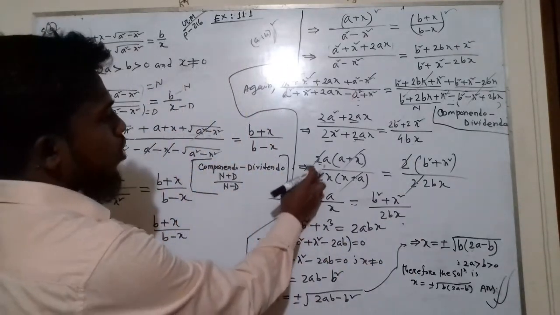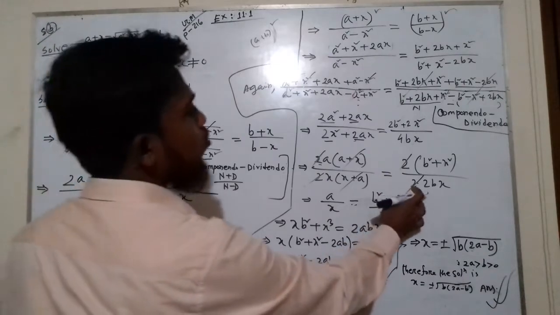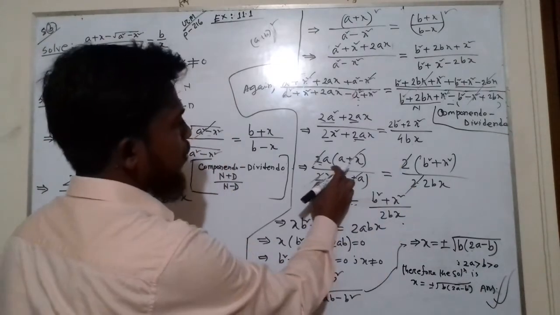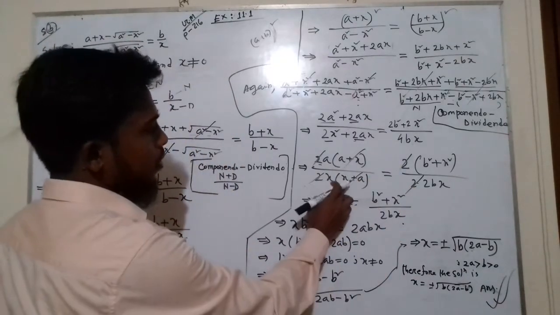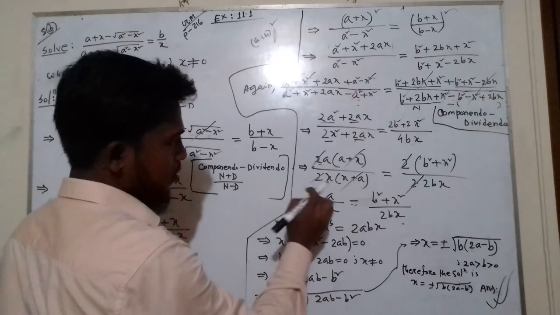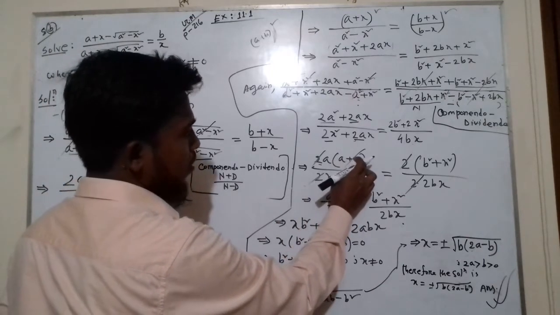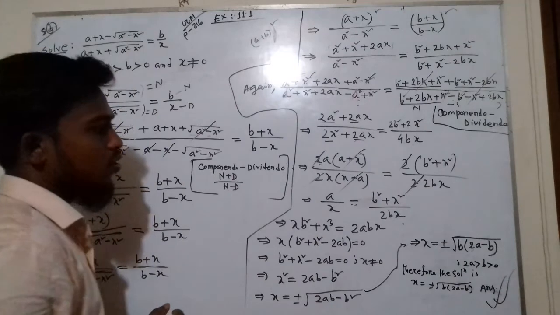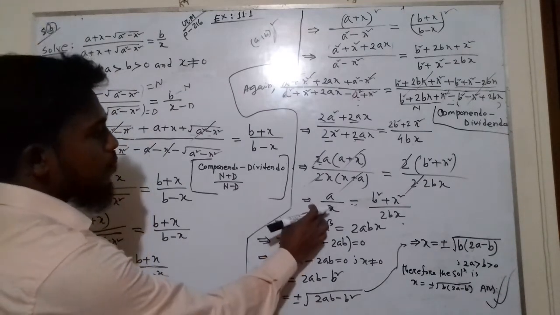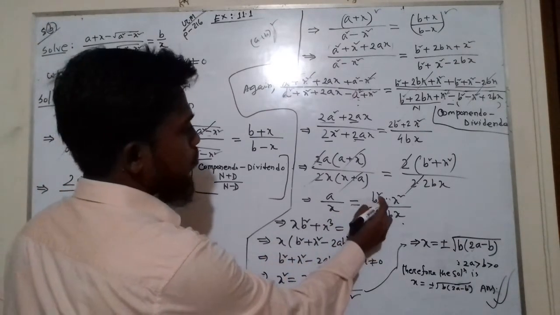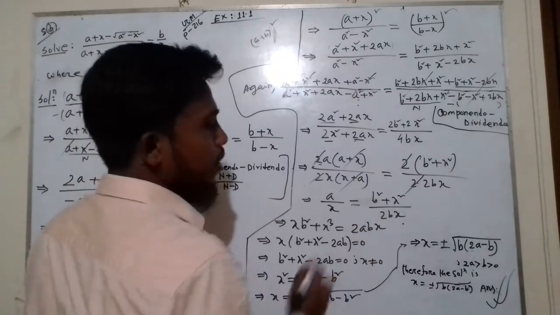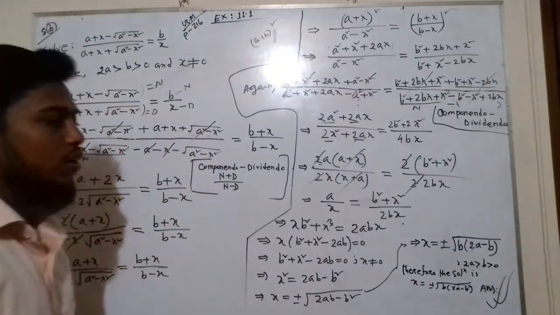So 2 upon 2 cancel and 2 upon 2 cancel. a plus x upon x plus x is cancelled. So we can write a by x equal to b square plus x square divided by 2bx.